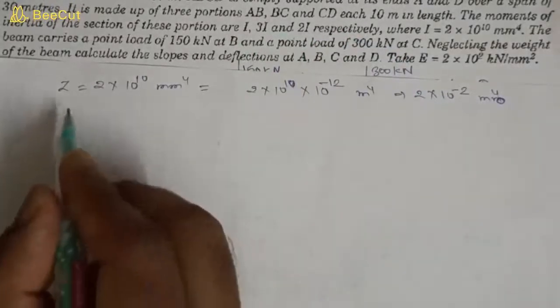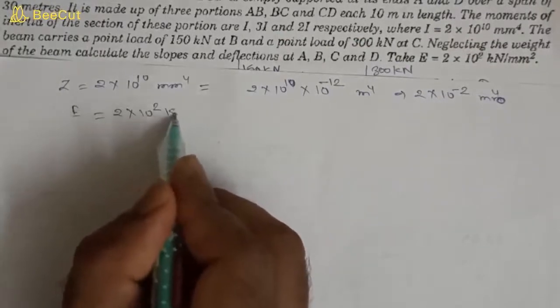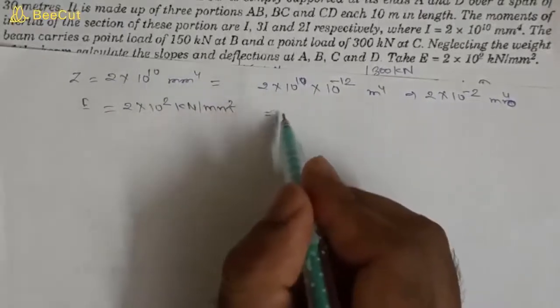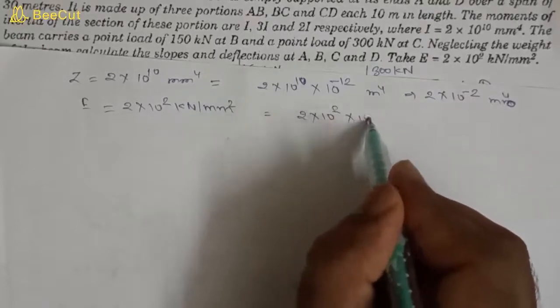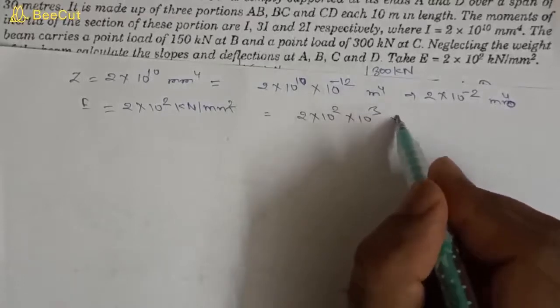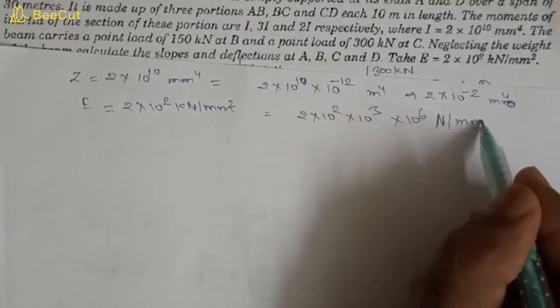And value of E is given as 2 into 10 to the power 2 kilonewton per mm square. So if you convert into Newton per meter square, then you will get 2 into 10 to the power 2 into 10 to the power 3 Newton into 10 to the power 6 per mm square.